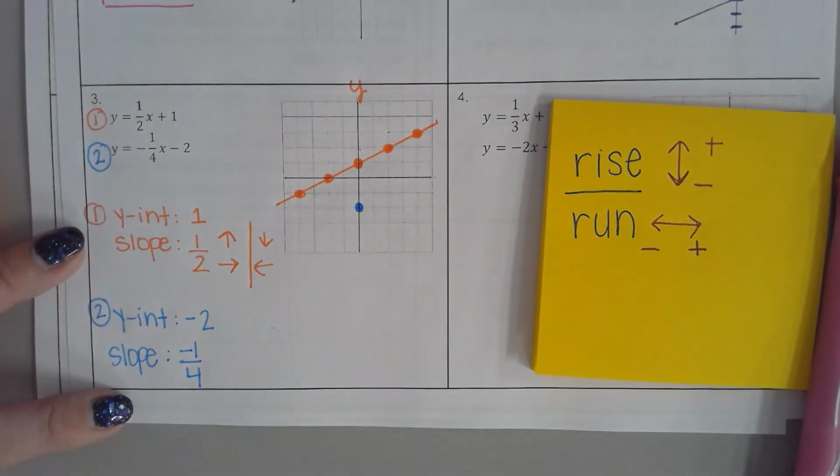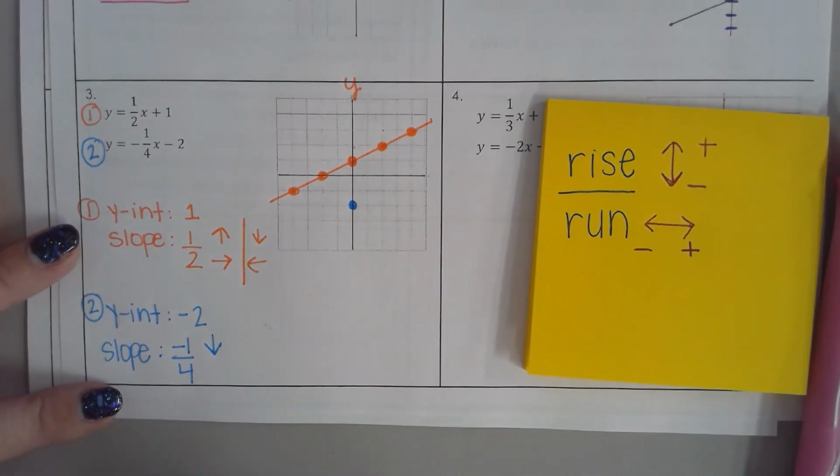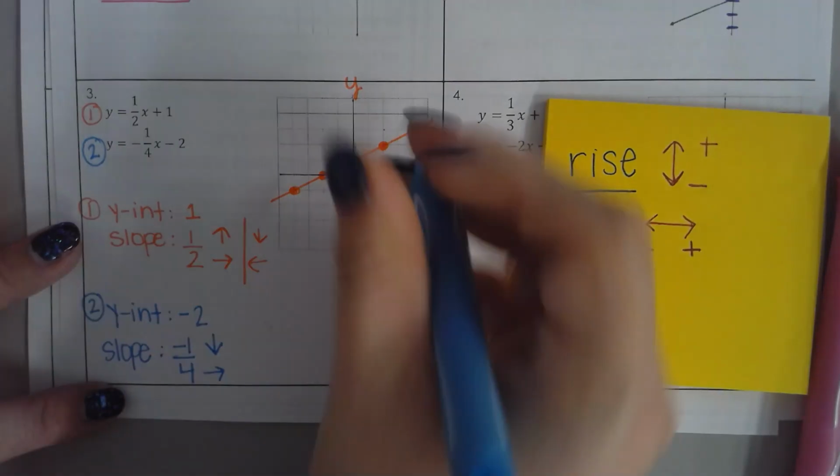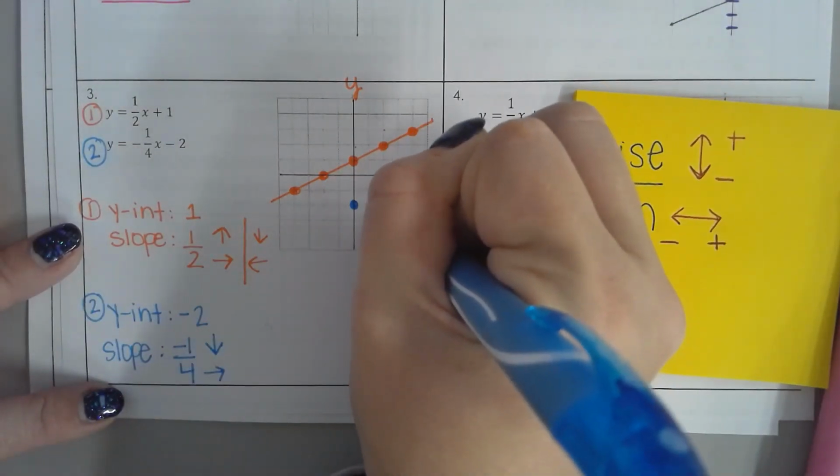A negative number on the top tells me I go what? Down 1. And then a positive number on the bottom goes right. So I'm going to count down 1, right 4.